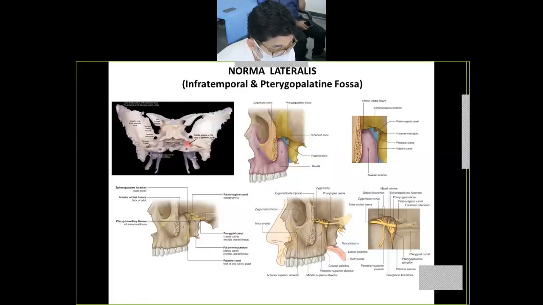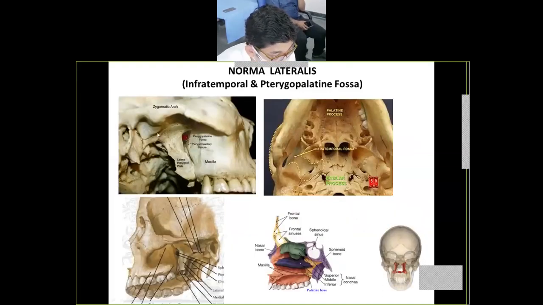Again, this is the sphenoid. We have taken it from inferolaterally; this is the right side. This is the zygomatic arch.